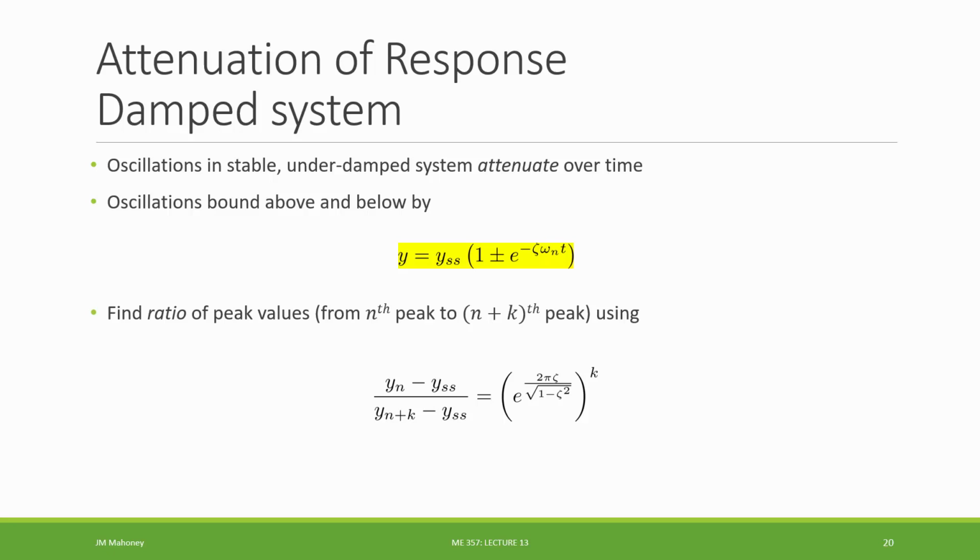So if we put in capital T or any integer multiple of it, we can find the value of our response at that time by putting it into little t in this highlighted equation. And then, yes, the value of the bounding function is equal to the value of our response only at those specific times. We'll see how we use this a little bit more in the forthcoming example.